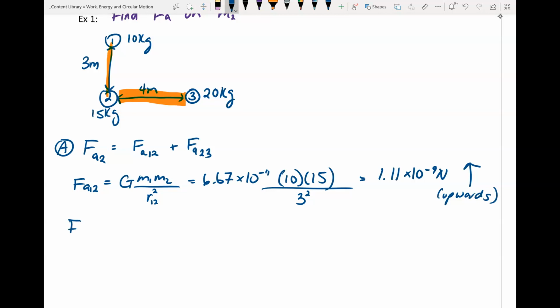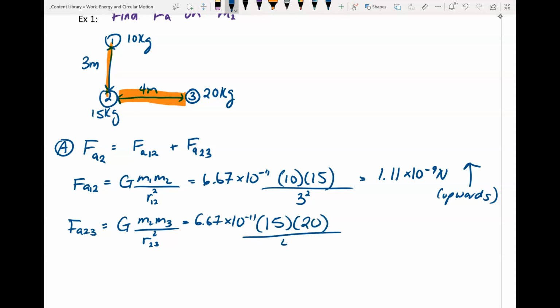Let's look at Fa from 2 to 3 now. So that's G times mass 2 times mass 3 all over the distance between mass 2 and 3 squared. So that's 6.67 times 10 to the power of negative 11 multiplied by mass 2, which is 15 kilograms, multiplied by mass 3, which is 20 kilograms, all divided by 4 meters squared.